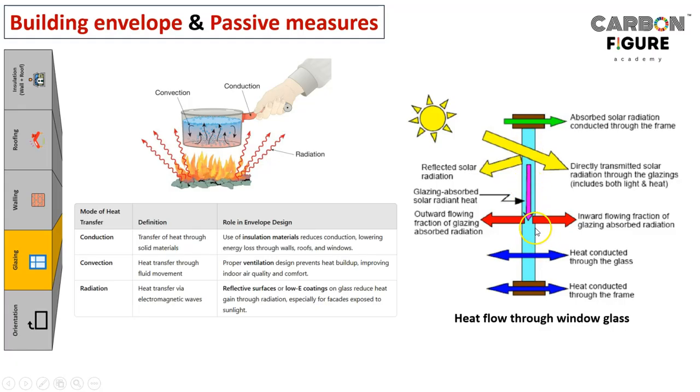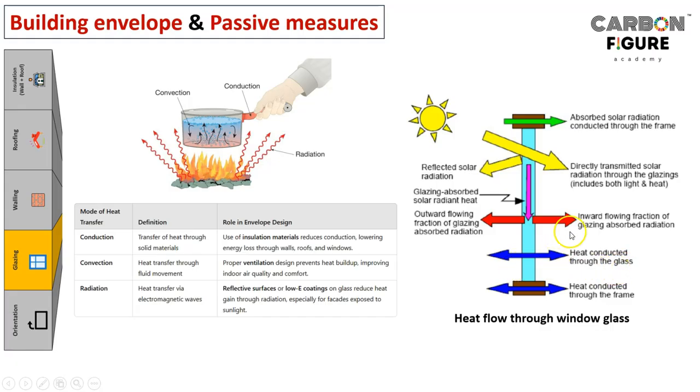And because the glass is holding heat energy, some amount of heat will pass inward into the building and some amount will pass outward, right? So as absorbed radiation, it holds some heat gain, and on both sides it would dissipate in the form of radiation, right?